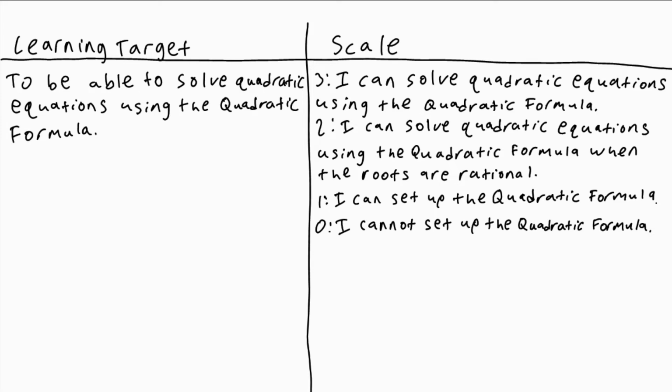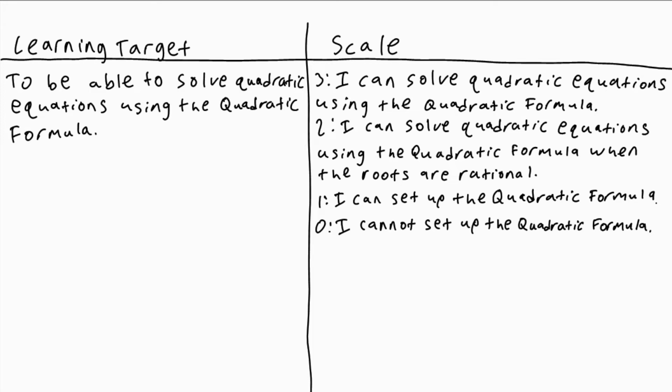If they're rational, so they're not irrational, so they don't have a square root, or they're not imaginary or complex, so they don't have i in them, then you're a 2. So they're rational, so the answer is either a regular fraction or an integer.